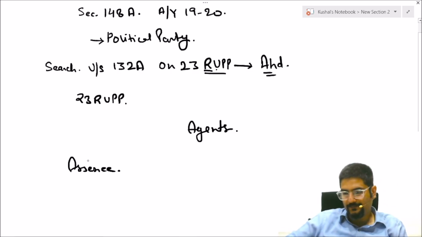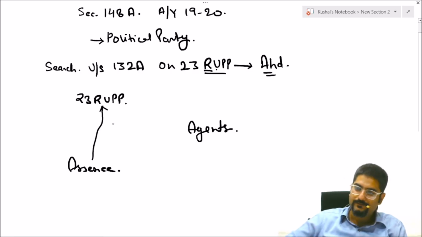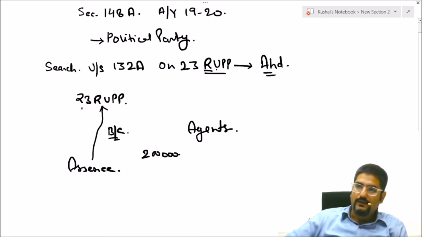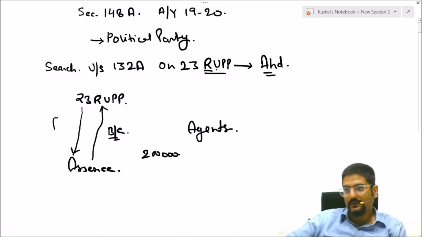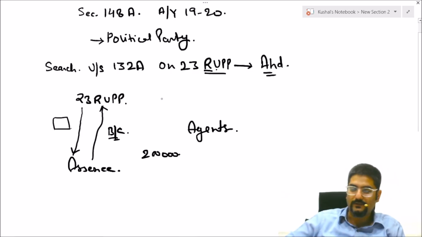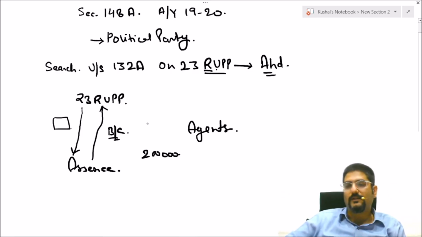The assessee makes payment to a political party through banking channel, let's say a payment of rupees 2 lakh, and in return the RUPP issues a receipt to the assessee that this is your receipt that you have made donations to us and you are eligible to claim it in your income tax return.